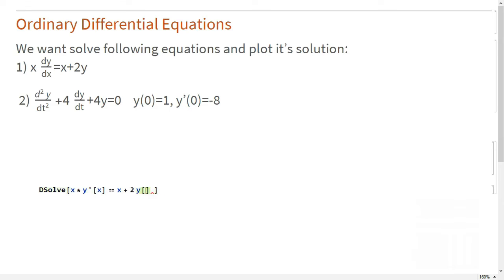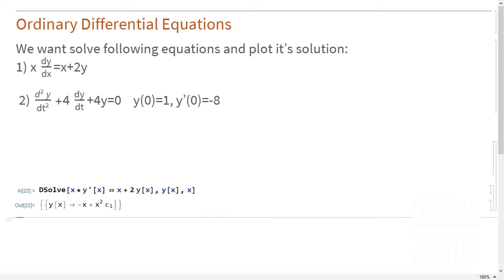Again you have to specify that y is a function of x. And now we have to put y of x because that's the solution we want. My mistake. And finally you have to specify the independent variable, that is x.